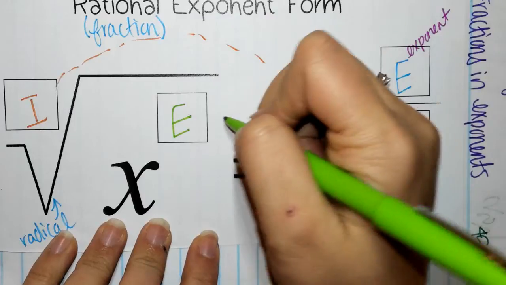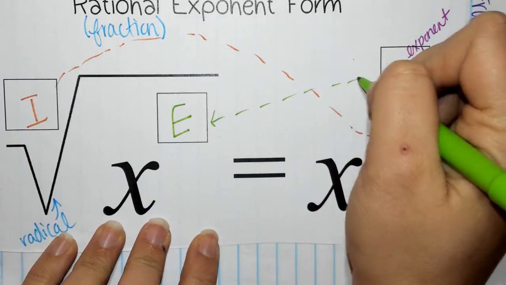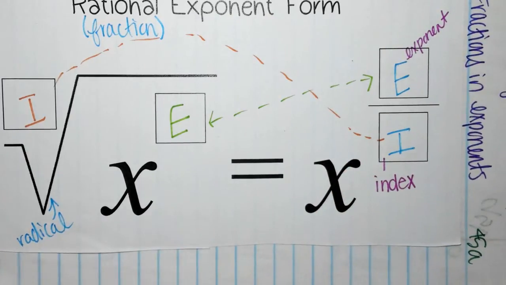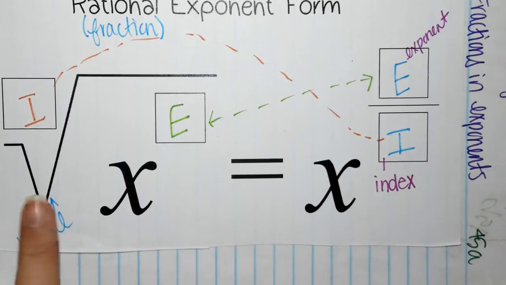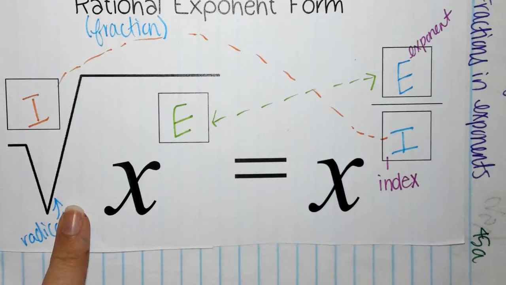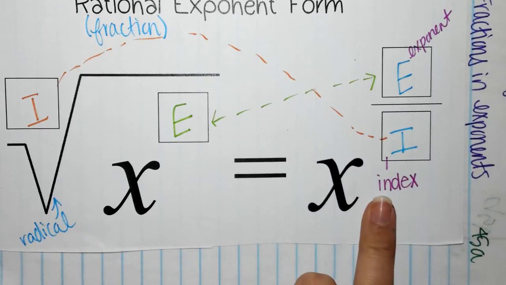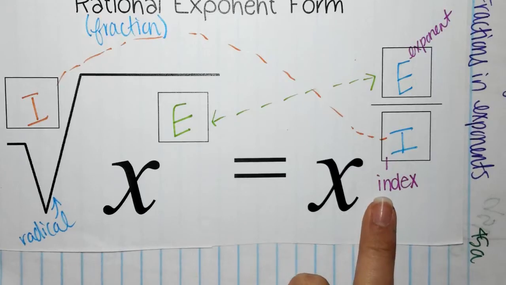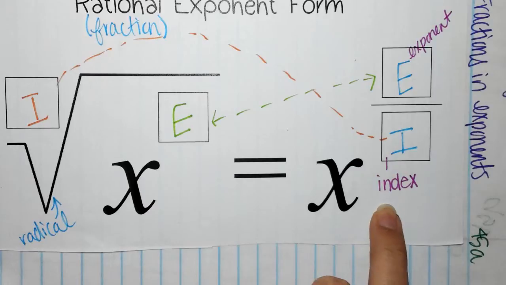Alright, and this is the exponent, and that's where it goes. So what form is it in when we're in here? Radical form. What form is it in when it's over here? Rational form. So if I say convert from rational to radical, what kind of problem am I going to give you?